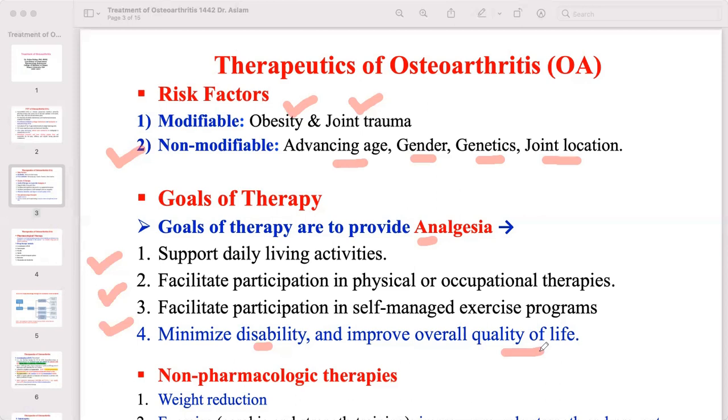These are the goals of therapy for osteoarthritis.